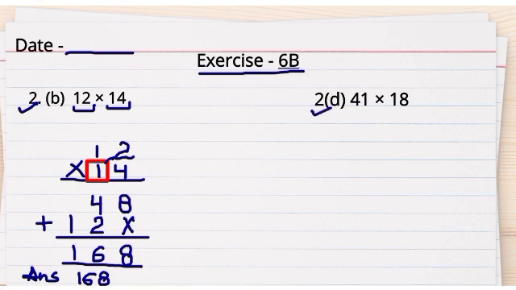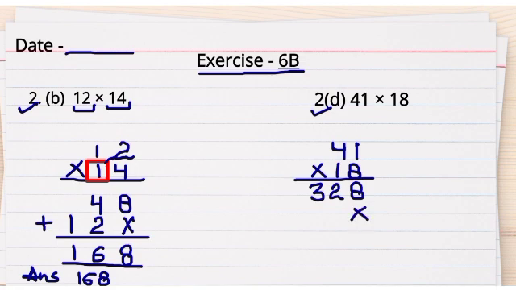2D. Multiplicand is 41 and you want to multiply it by 18. So first of all, the digit at ones place in the multiplier is 8, so you will multiply by 8. 8 1s are 8. 8 4s are 32.